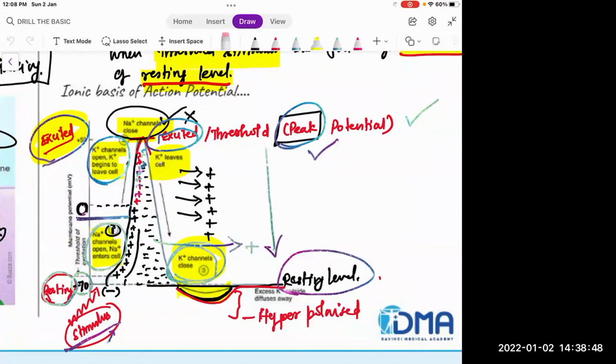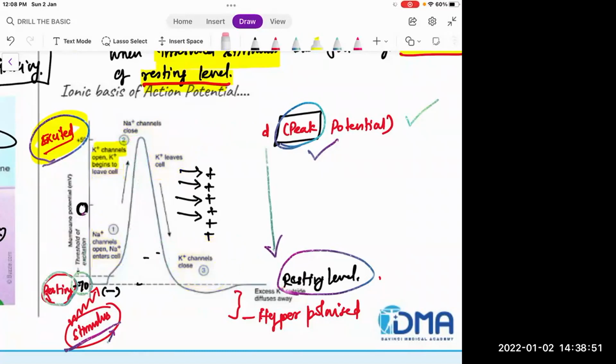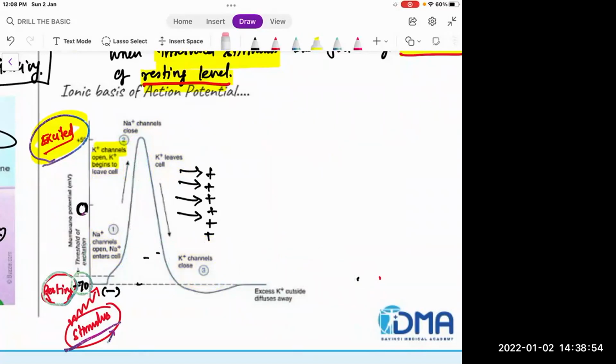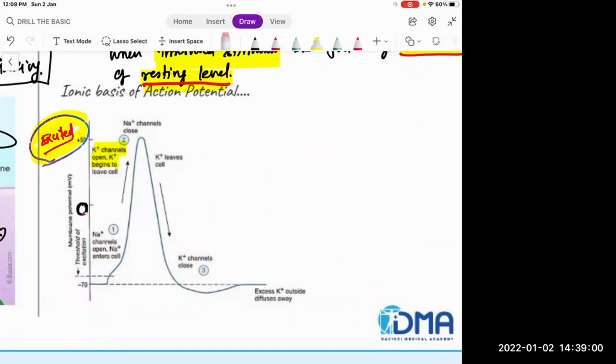For making the cell become excited, what is required? The cell which is negative inside during the resting state has to become positive. So in the presence of a stimulus, you are making the opening of the sodium channels. Once you open the sodium channels, the cell will make the entry of sodium ions, so the cell will become positive.